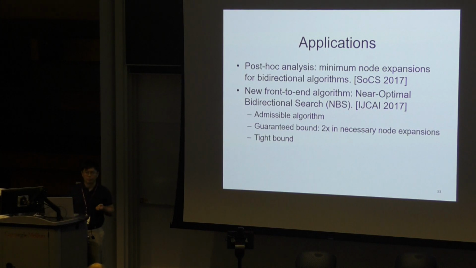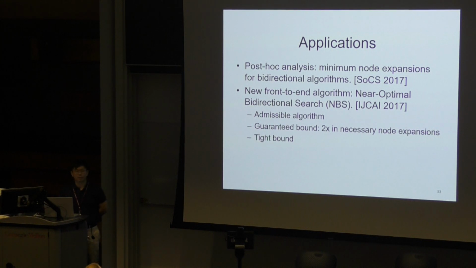Previous bidirectional searches don't rely on the sufficient condition, so they may be doing some work that is not necessary. That's why we cannot bound their performance, and sometimes it gets better, sometimes it gets worse.